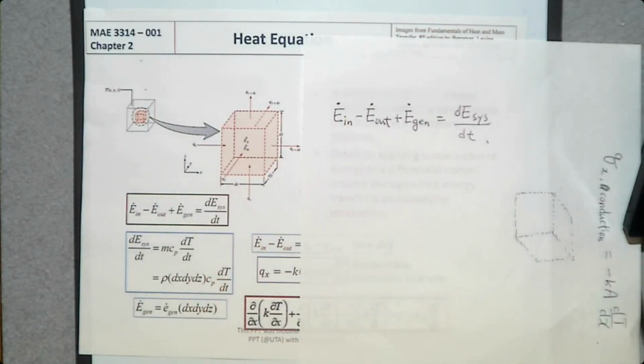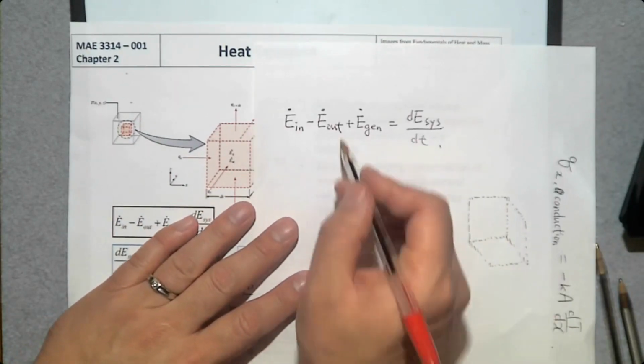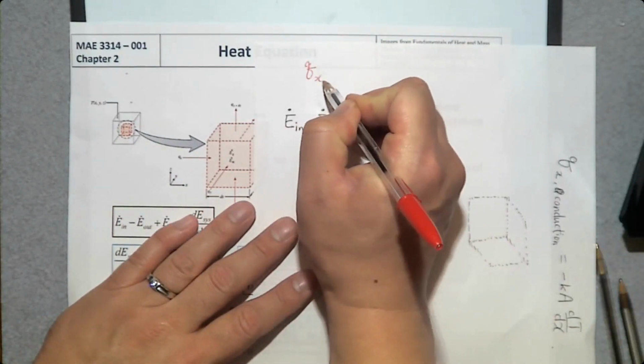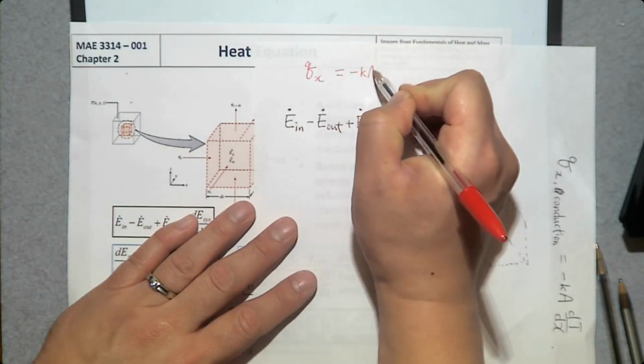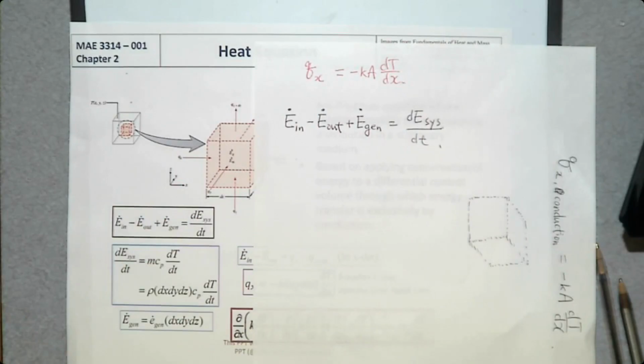Let's say this is a solid, so there is only conduction. Then what is the conduction heat transfer? According to Fourier's law, the conduction heat transfer in the x direction is going to be minus kA dT over dx. Okay, then let's talk about this in the x direction first.